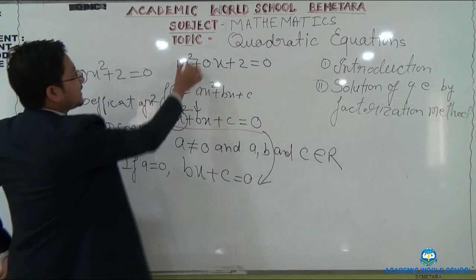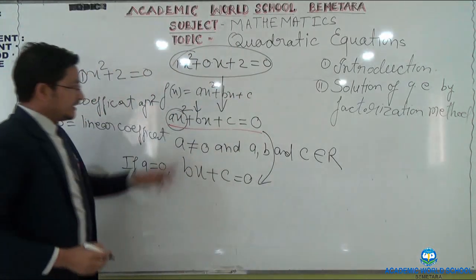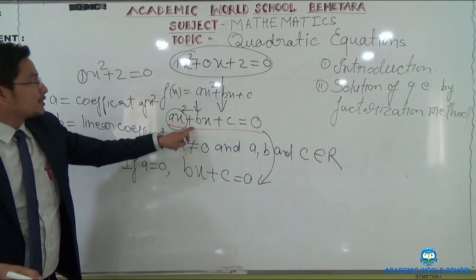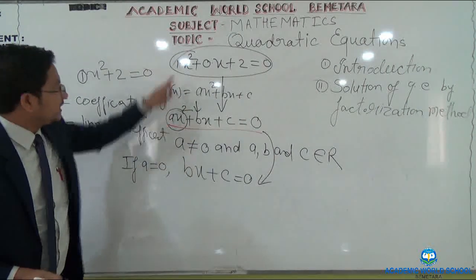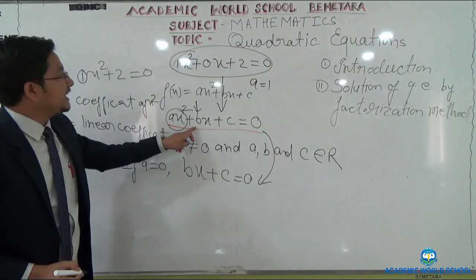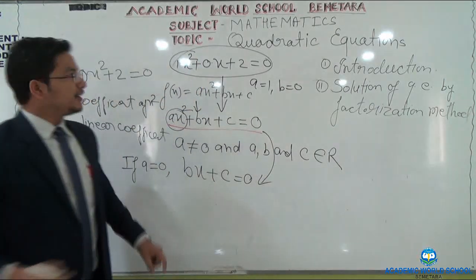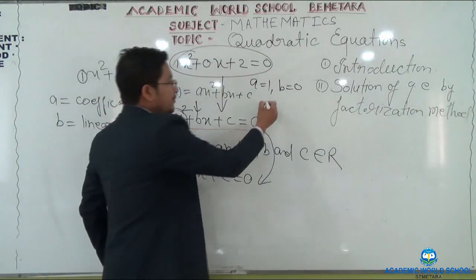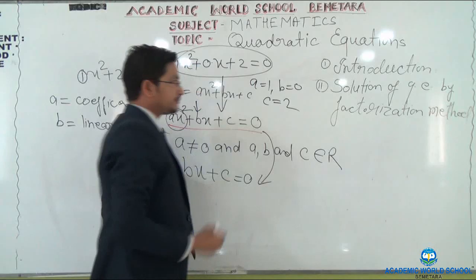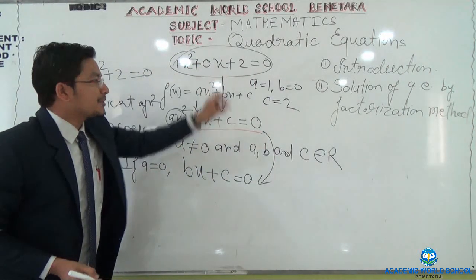Now we can see that I have written this quadratic equation in this particular form. So what is the value of a? a is equal to 1. What is b? b is 0, and c, the constant term, is equal to 2. So in this way we have seen that this is a quadratic equation.